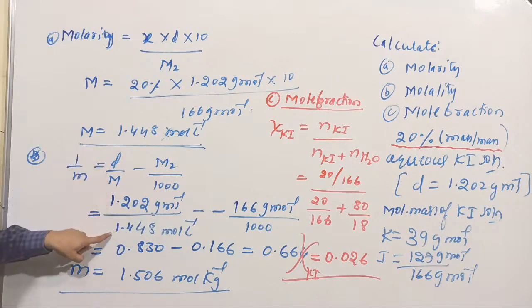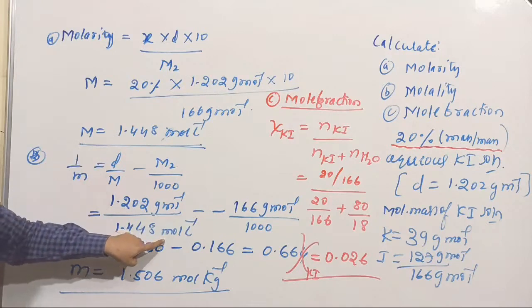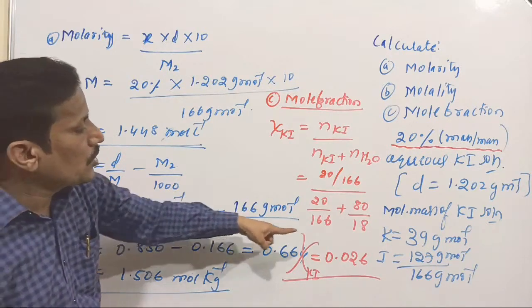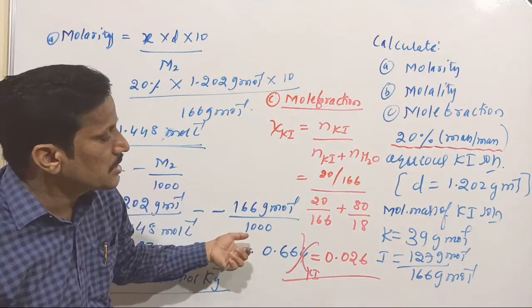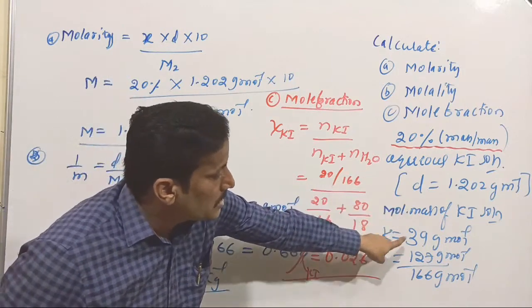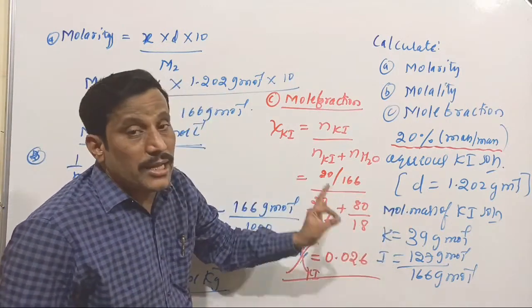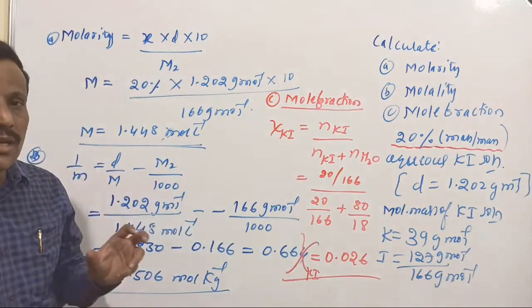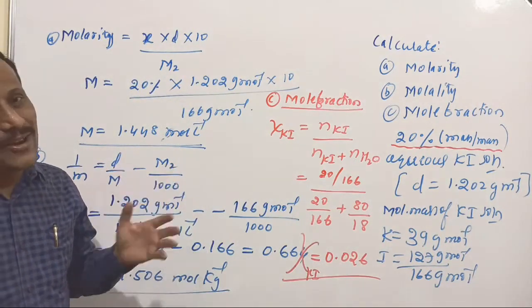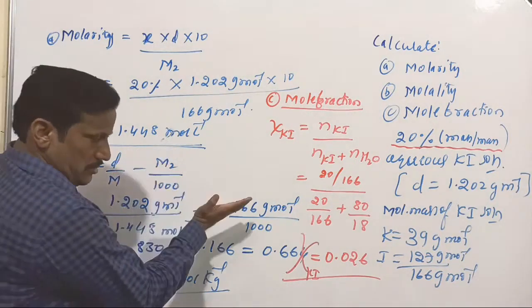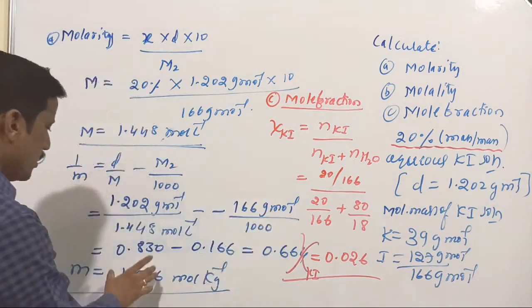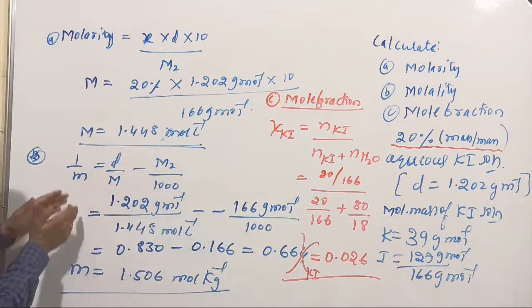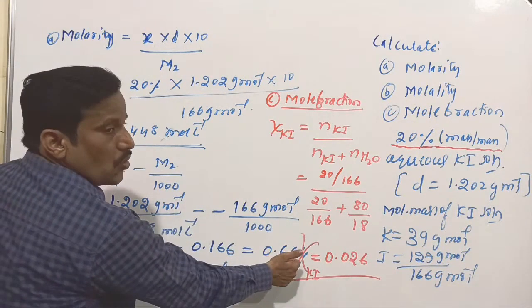Molarity calculated is 1.448 mole per liter. This is m2, molecular mass of potassium iodide, 166. How did I get it? Potassium is 39 gram per mole, iodine is 127 gram per mole. Together gives 166 gram per mole of potassium iodide. Right. So 166 by 1000. After solving, I am getting 1 by m as 0.664.